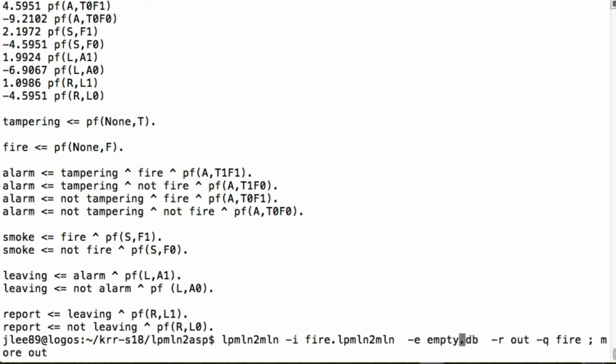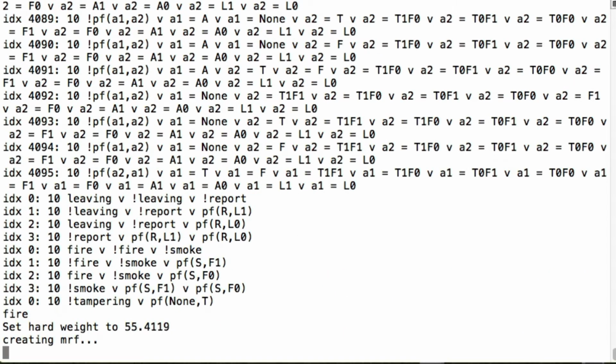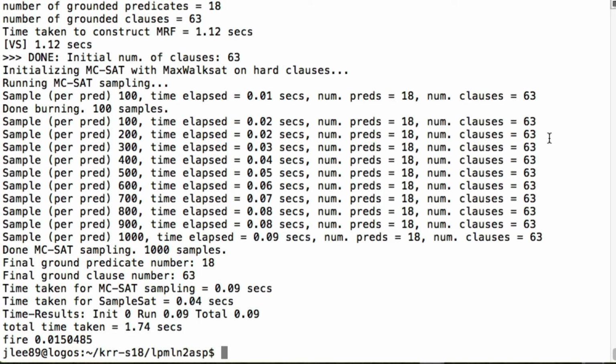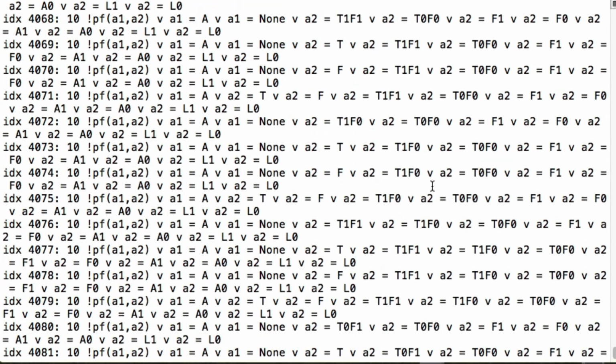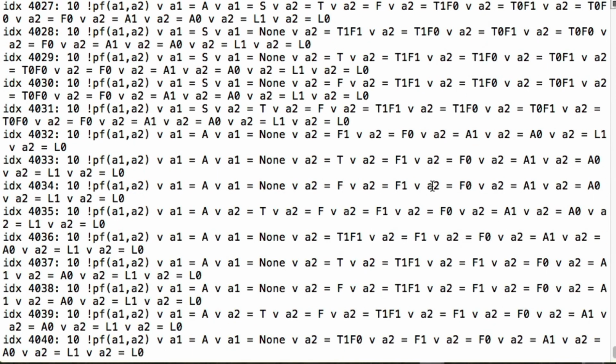First we want to find out the probability of fire being true without knowing anything else, so I give the empty file. Other than that, this command line is the same. The output that you see, as you can guess, is coming from Alchemy.